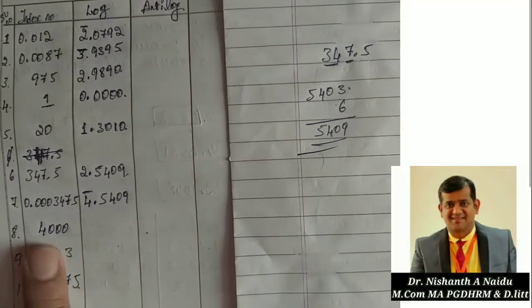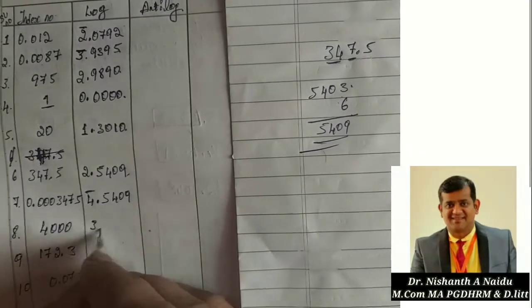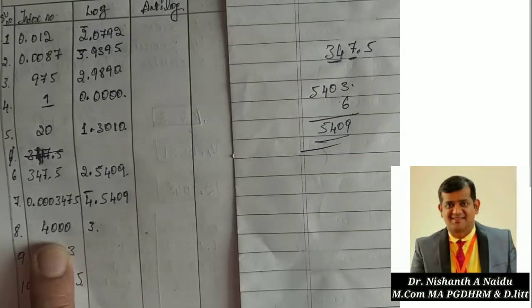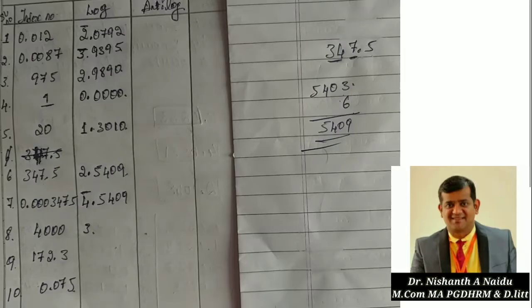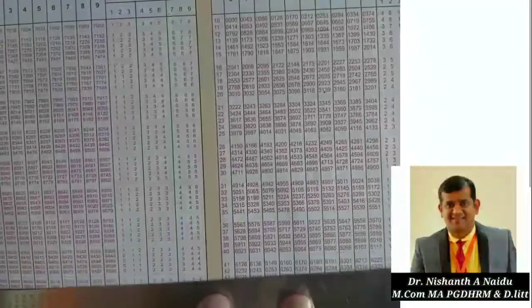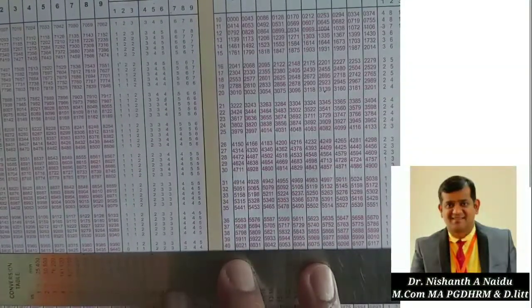Okay, so next for 4000. How many digits? 4 digits are there. Whenever it is greater than 1, what you have to do? You have to minus 1. So that will become 3 now. Correct? So 3. Then in the 40th row, 0 column, you have to identify. Let me show you. The 40th row is here. 6021.